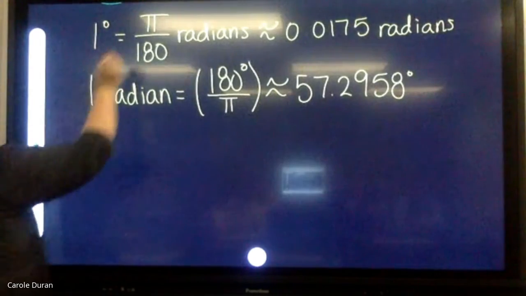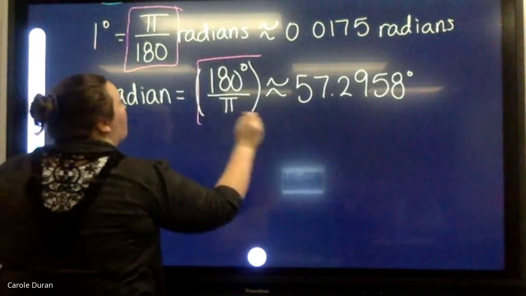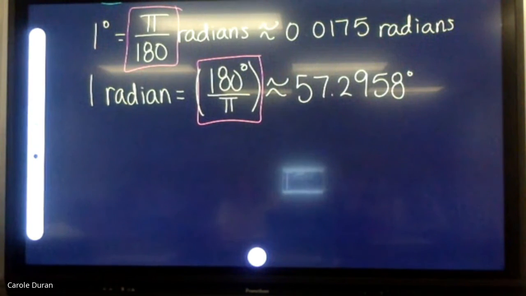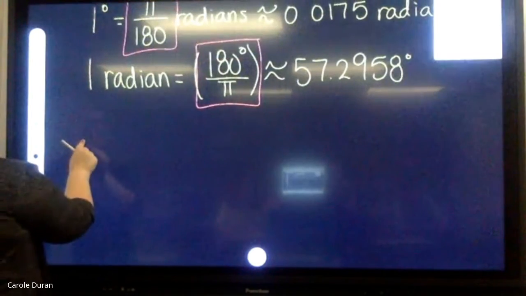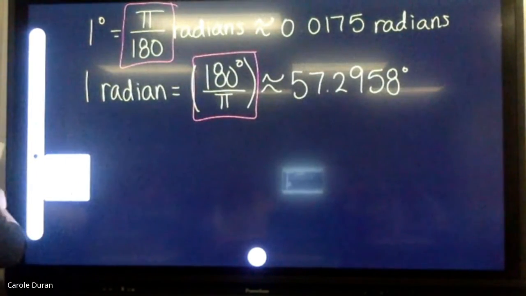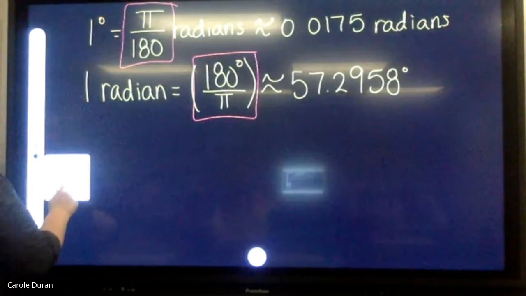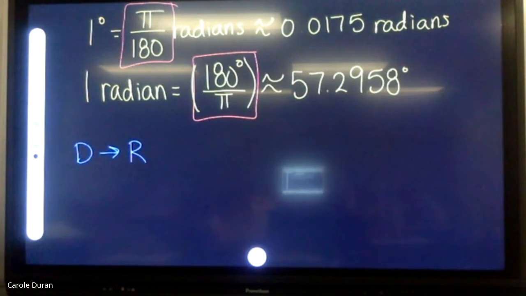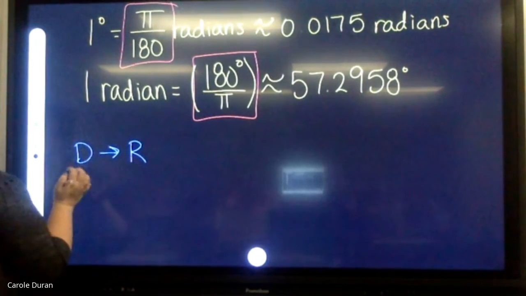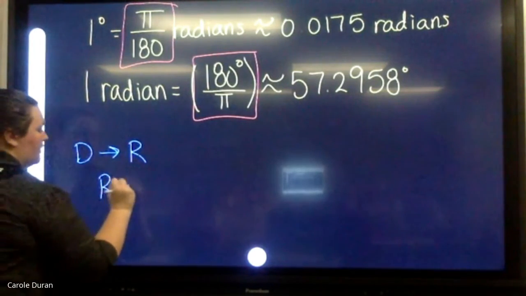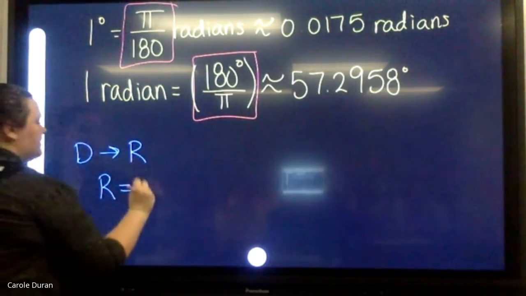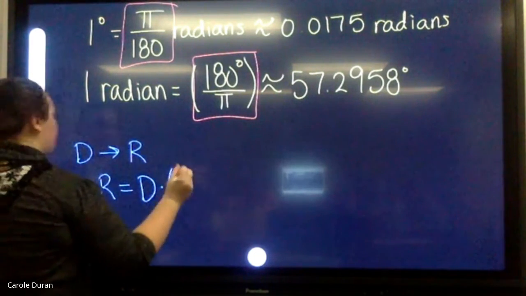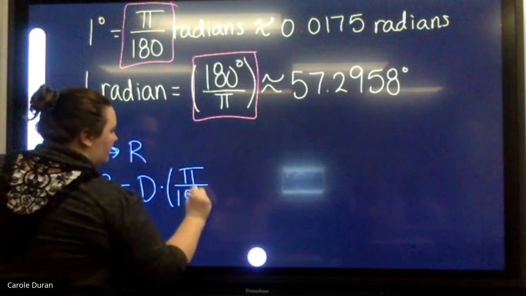So these things right here are actually what we will be multiplying by to do the conversion from degrees to radians and from radians to degrees. I'm going to use D and R to represent degrees and radians respectively. If we are converting from degrees to radians, so that's D to R, the number of radians we have is equal to the degree times pi over 180.